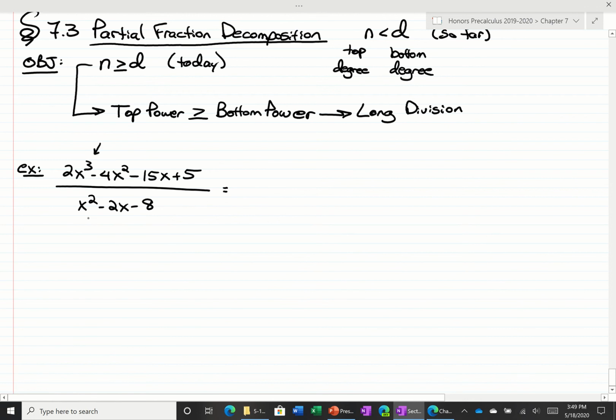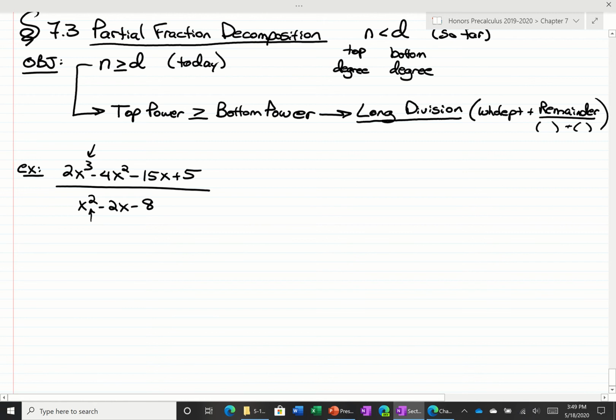You see how this top power of 3 is bigger than this bottom power of 2? That means we have to do long division first and get the whole part. And then the remainder is going to be over the factors. All right, so let me show you what this looks like.